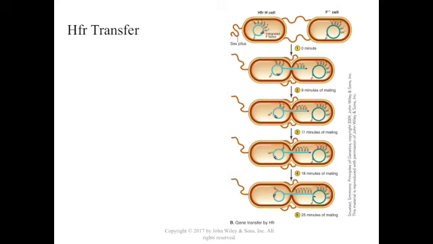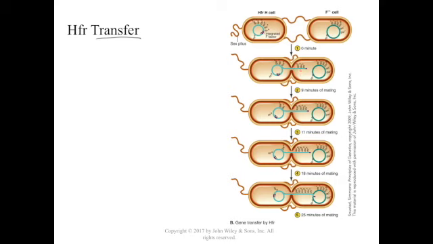Now, an HFR cell can still transfer genetic material to another cell. If that plasmid that was integrated has the F factor in it, it can form a sex pilus and reach out to another F minus cell. Just like with regular old conjugation, the two cells will be pulled together and a mating bridge will form. But now, instead of just replicating the plasmid, you can see that part of the chromosomal DNA is being transferred to the recipient cell also.